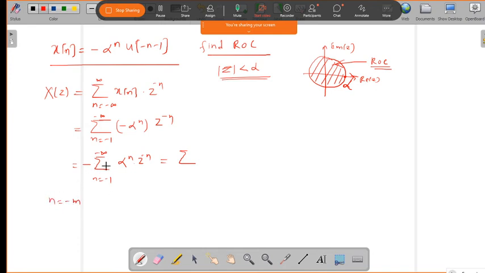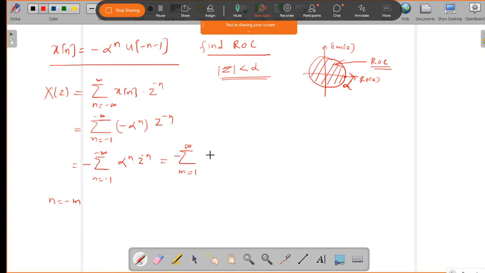If you take n equal to minus m, what will happen? If n equal to minus 1, m will become equal to plus 1, and n equal to minus infinity will become m equal to plus infinity.